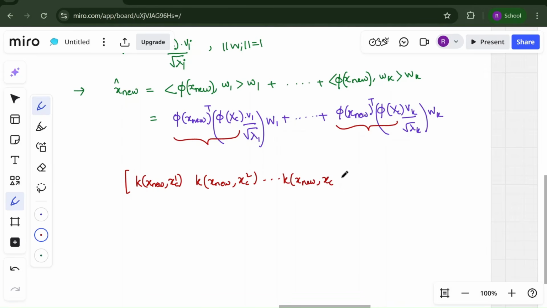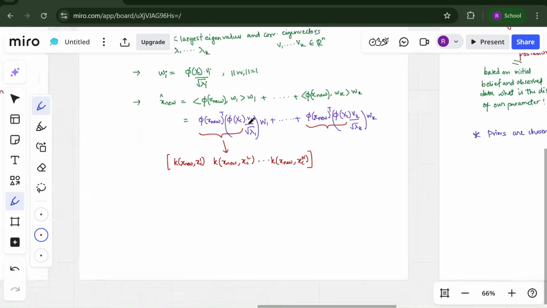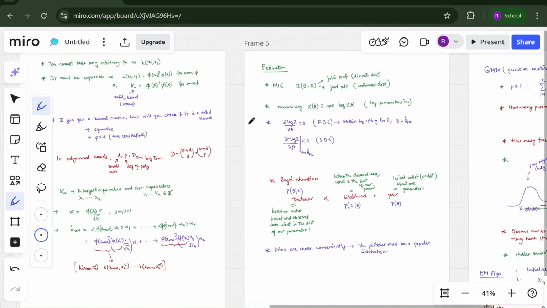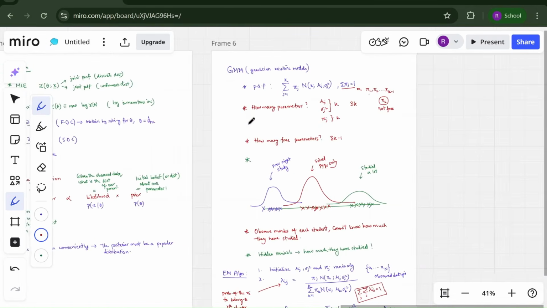I think the last one is capital N. Then you multiply it with v1 and all. All right, I think the rest everything is fine.